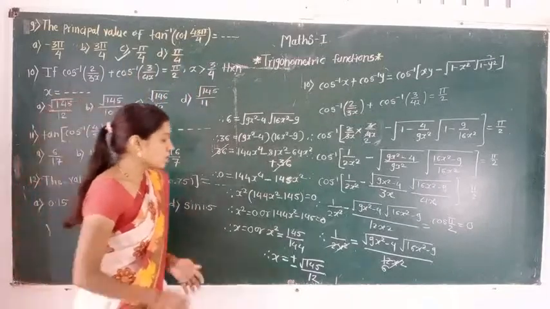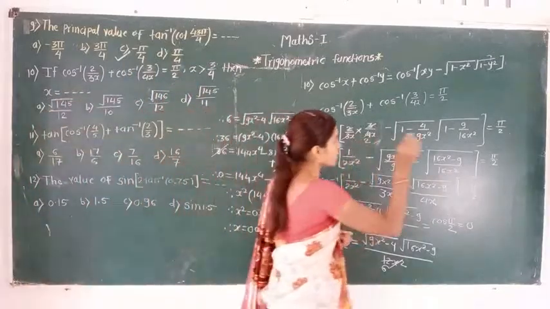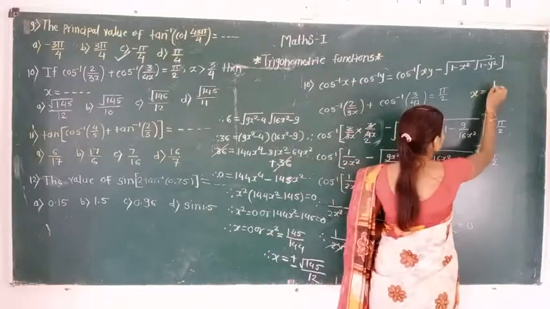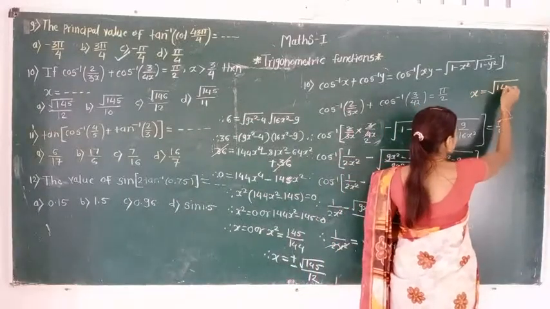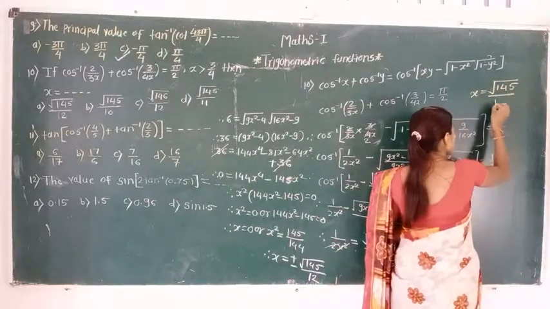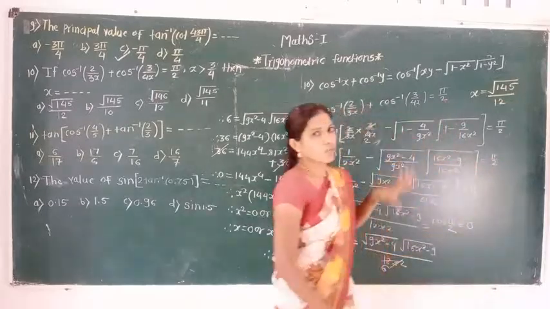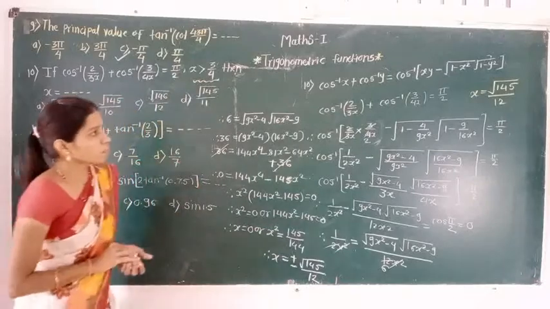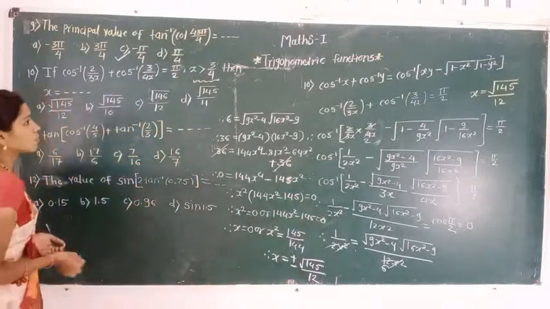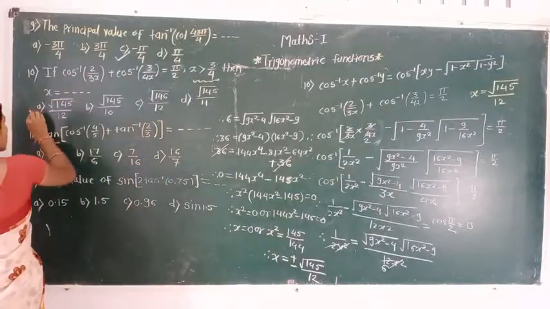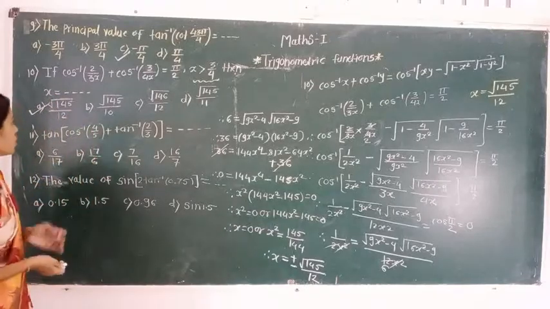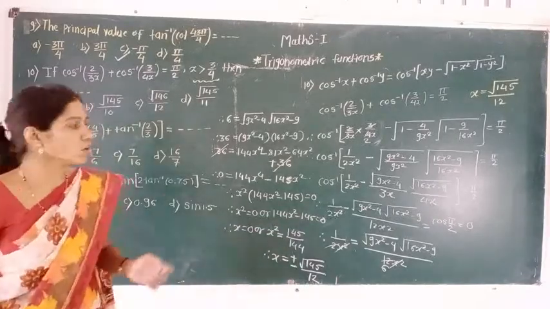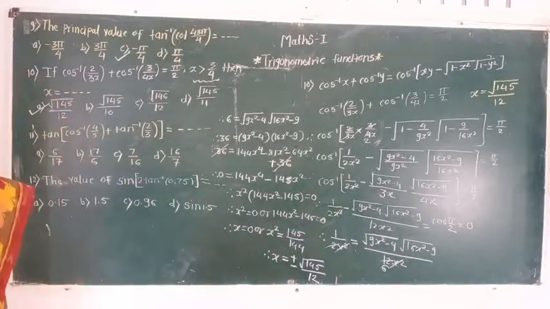So only the value of x, here I write x is equal to root of value 145 divided by 12. This value of x only satisfies our given condition. So the correct answer of this problem is root 145 divided by 12. So first of all write down this explanation.